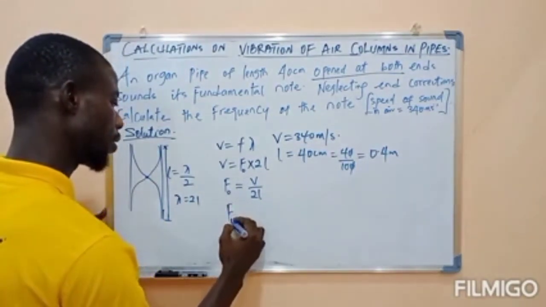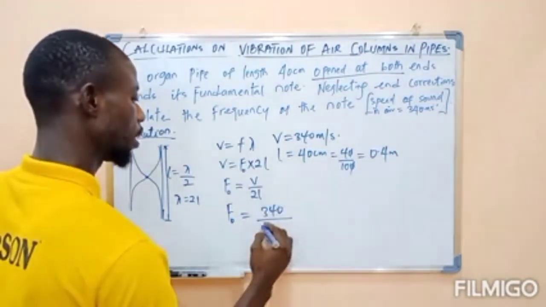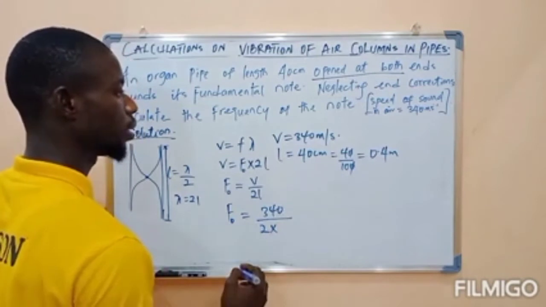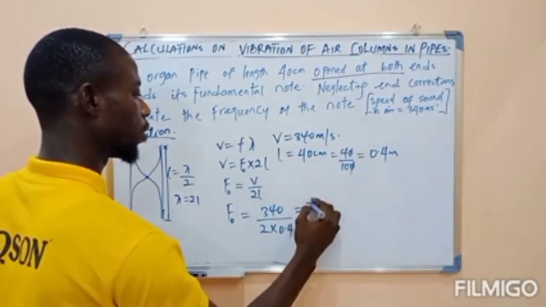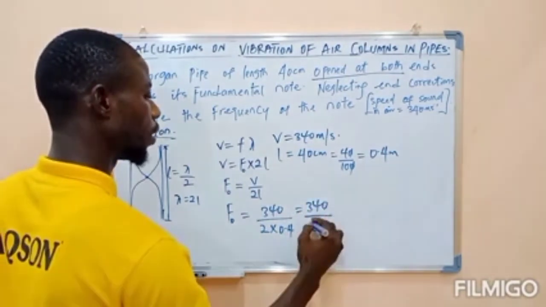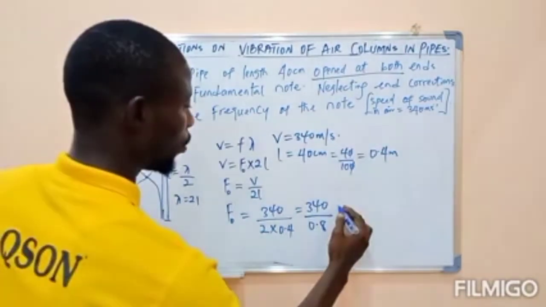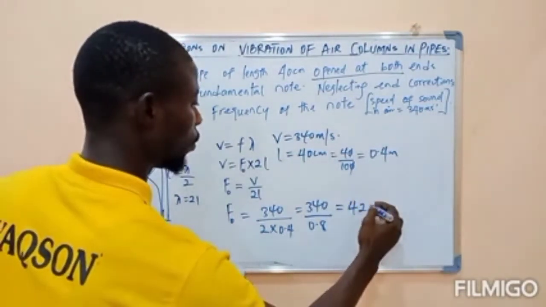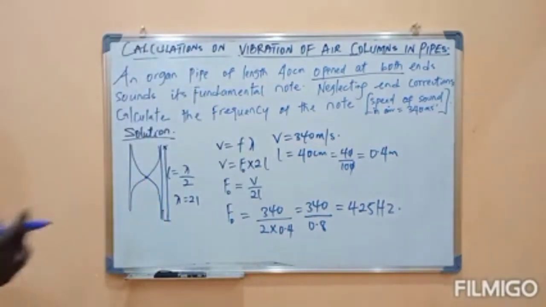I have F naught is equal to V, which is 340, all over 2 multiplied by length, which is 0.4. That will give us 340 all over 0.8. That will be 425 hertz. So this is all about this type of question.